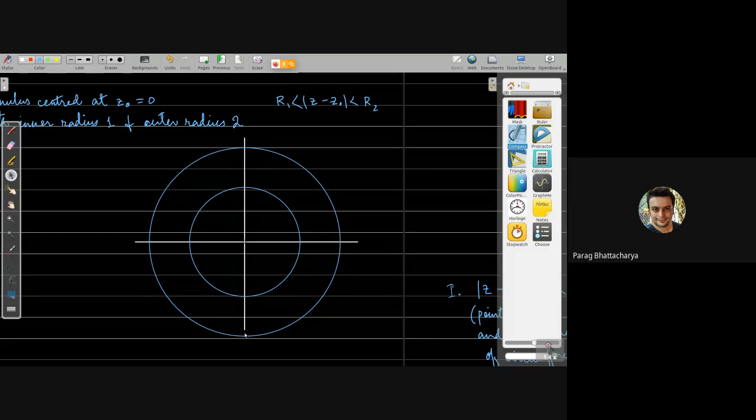Okay, so this is the annular region. Basically, this region is what we are interested in.